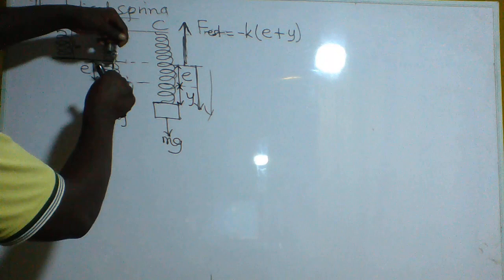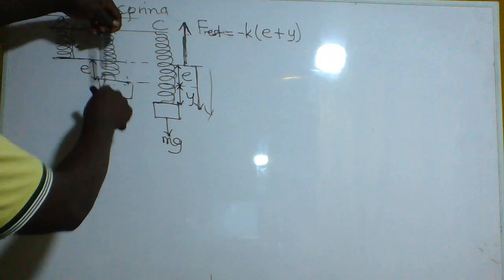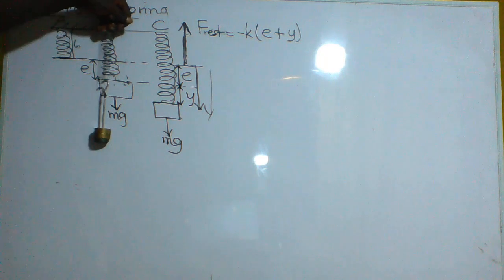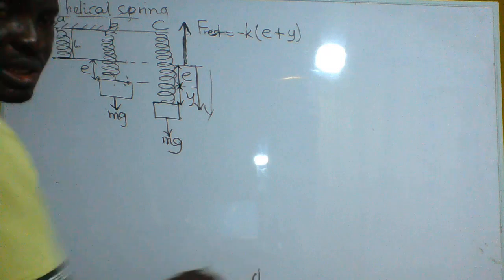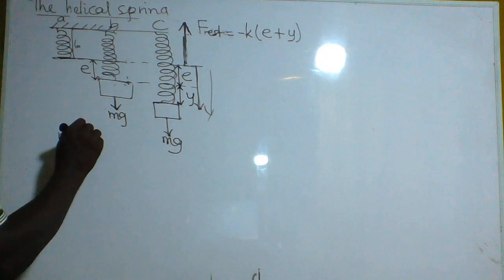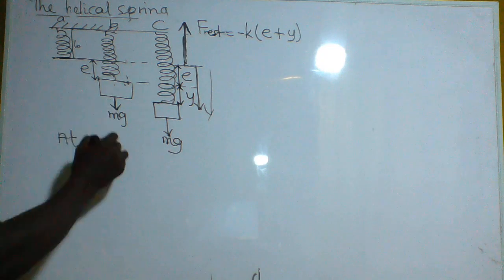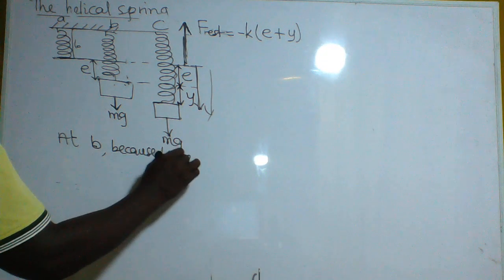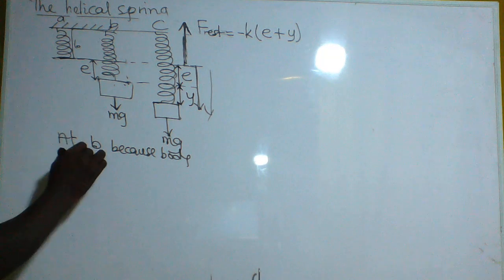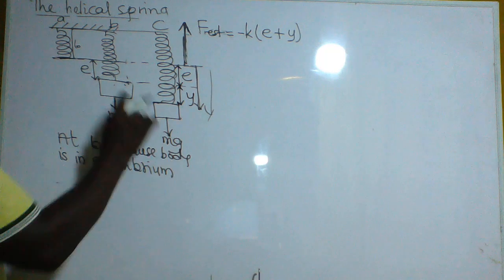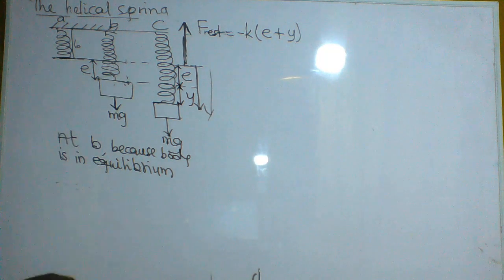In the first situation, by the weight of the object, the body oscillates and then we keep it in equilibrium. So at equilibrium here, at B, because the body is in equilibrium, meaning the net force acting on it along the vertical plane is 0.